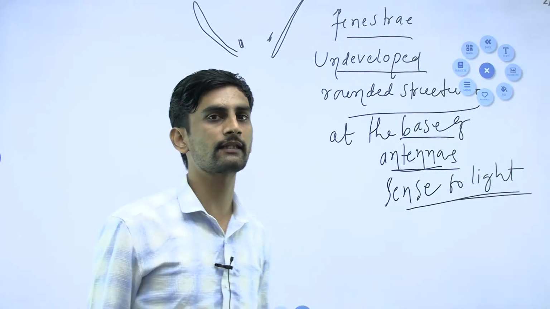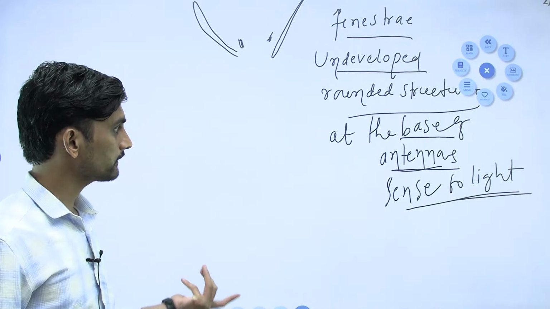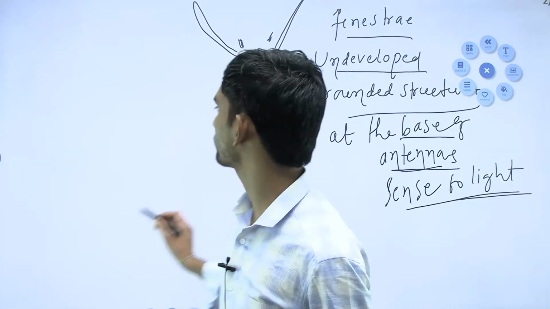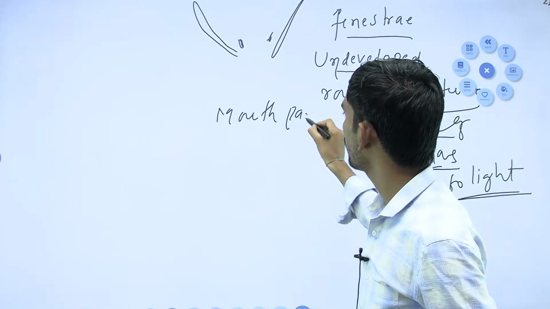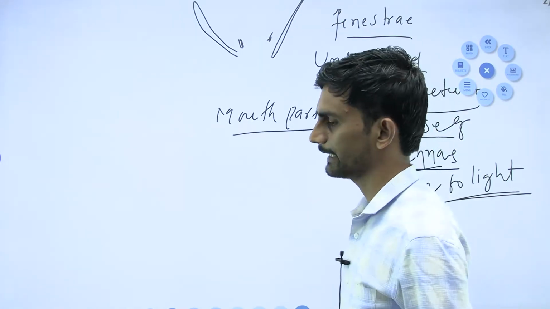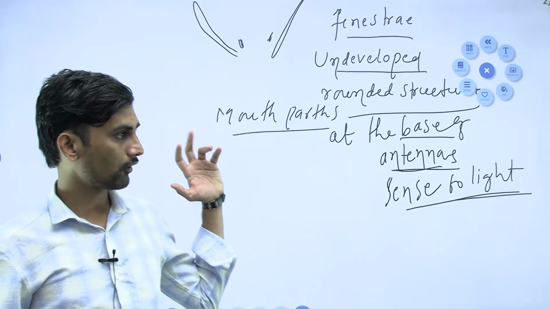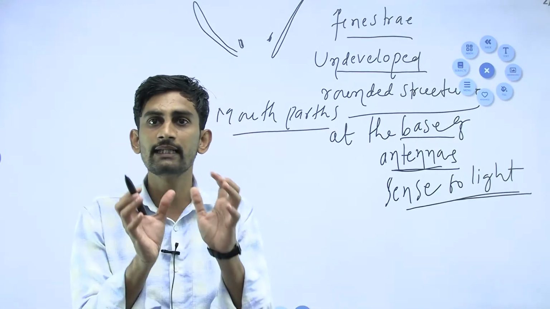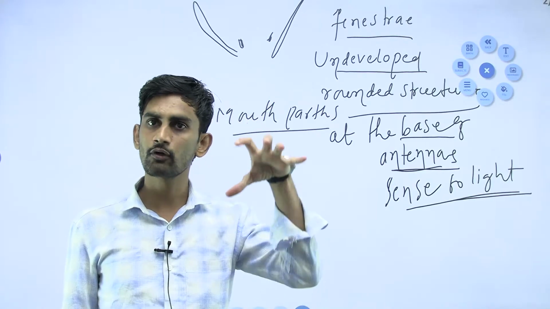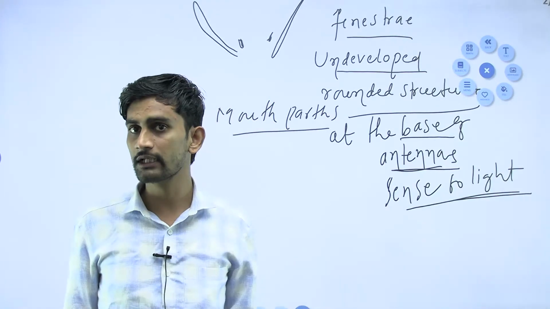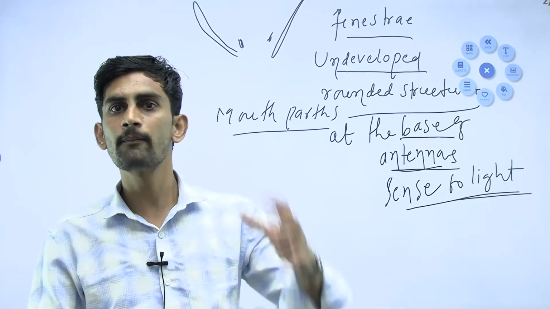Getting my point? So all these are the different structures you will find in their head region. After that comes the mouth parts. Number 4, mouth parts. What are the different types of mouth parts you are finding? So totally, these sensory organs are related only to the head region. In that head region we have already completed what is meant by mosaic vision, what are compound eyes, what are hexagonal units, how many hexagonal units are there, and how they combine all these small images to form a complete object in their brain.